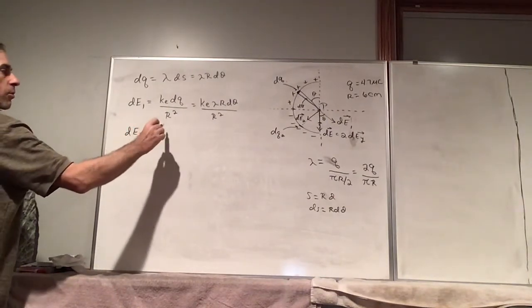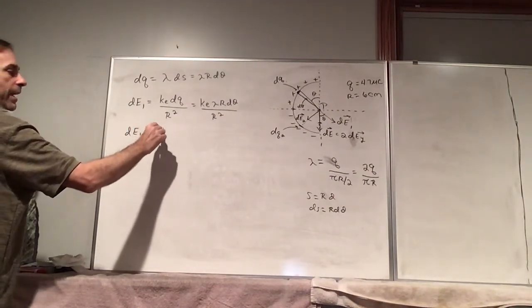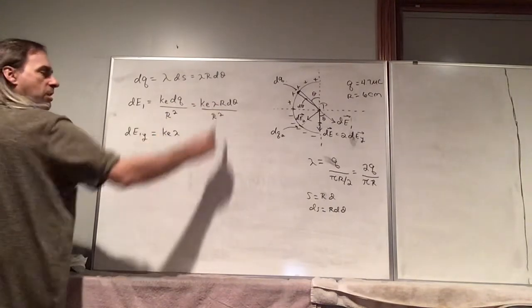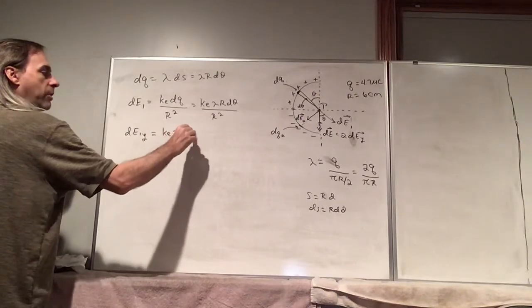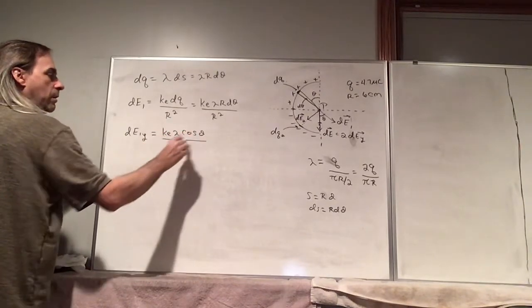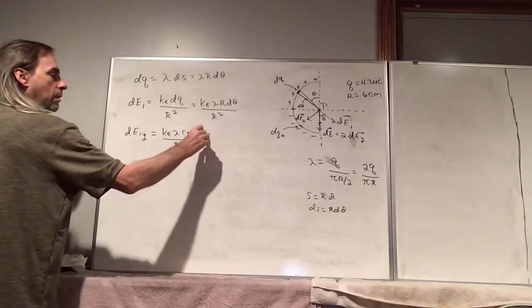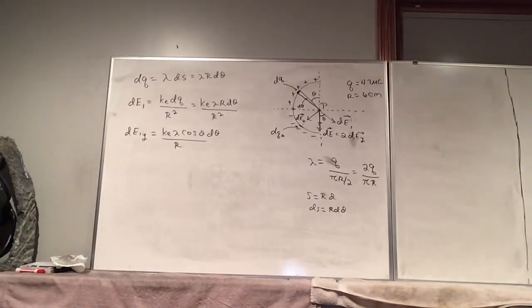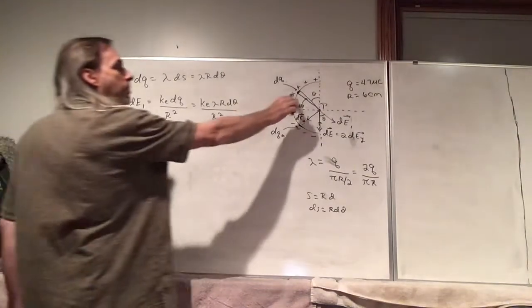So the y component, we have ke lambda. We're going to cross off the r now. So we'll have cosine of theta d theta over r. And let's multiply by 2, because that's just due to the positive charge.